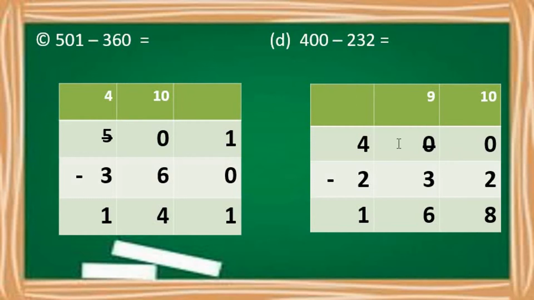Then cut the further digit and put a small digit, 9, and minus this 3. 9 minus 3 is equal to how many? 6. Then further we cut the further digit. What is the reason we are taking a small number?